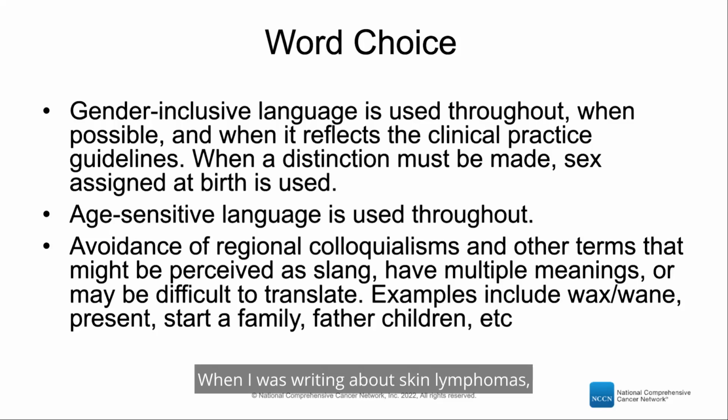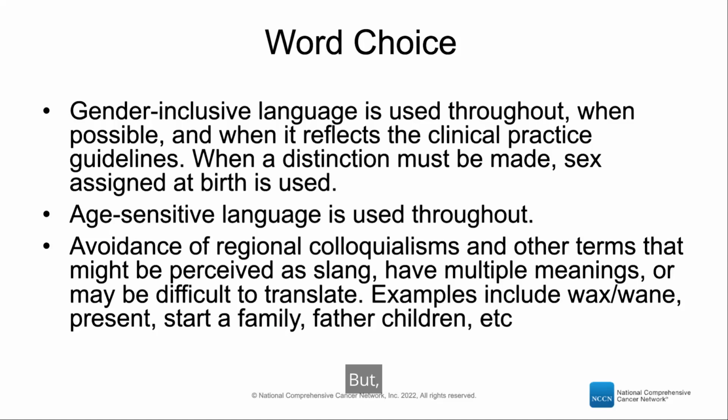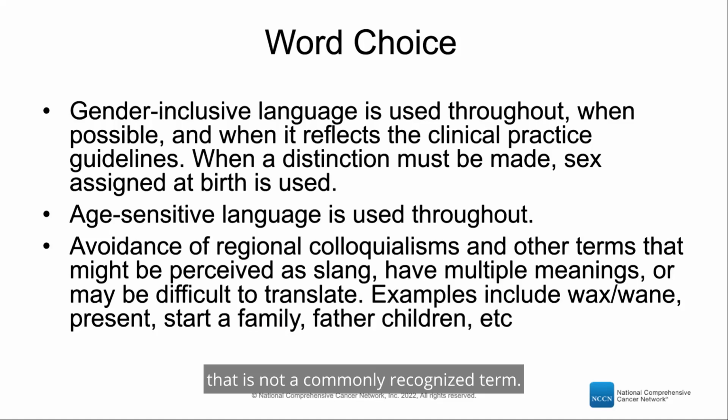When I was writing about skin lymphomas, I used wax and wane because the lesions on the skin can come and go, so they can wax and wane. But that is not a commonly recognized term. So we all learn something new every day.